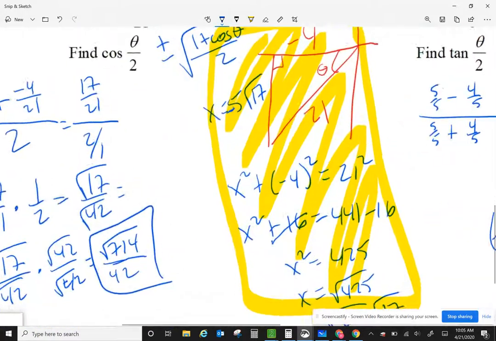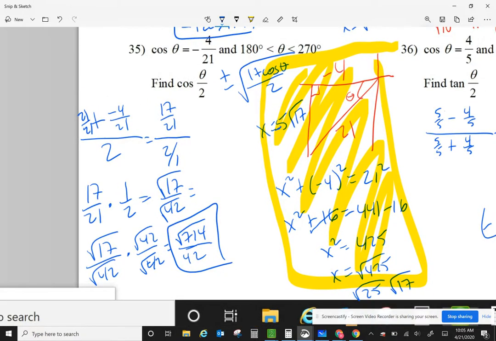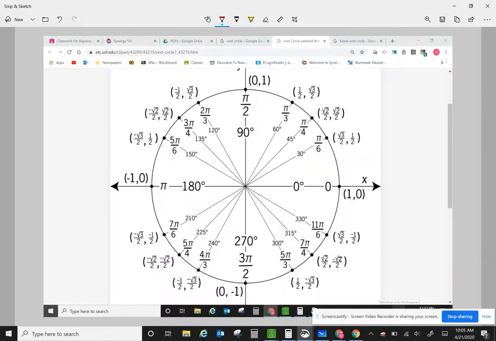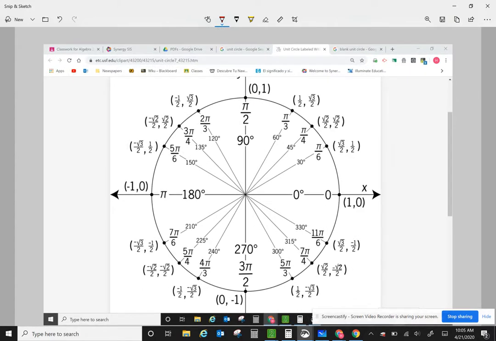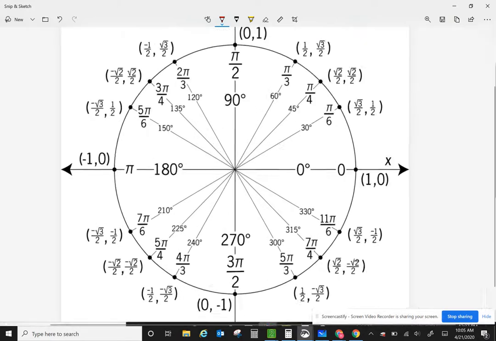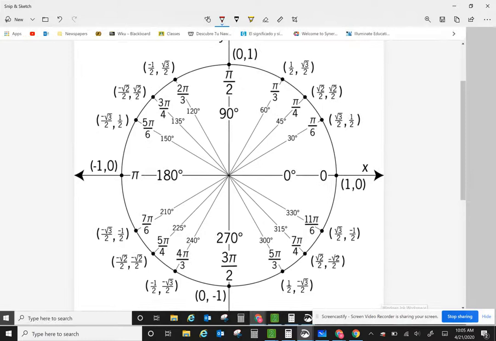Now looking at number 35. The sine here is negative. The cosine is negative. Or better yet, how can we do this? Let me go back to the unit circle that we used before. Remember, tangent, I said, is sine divided by cosine, just looking at the signs.